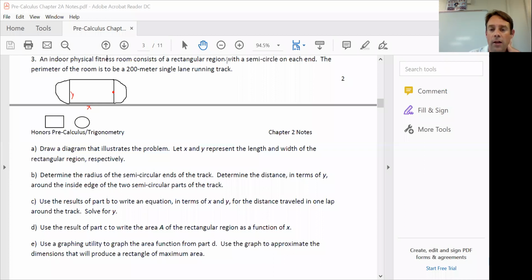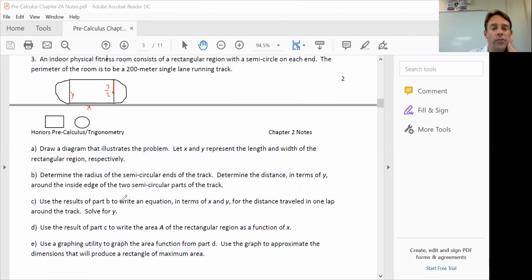And then we have that line that goes out a little bit from there. So the radius is going to be half of that side. So if this whole side is y, that means this radius is y over 2.